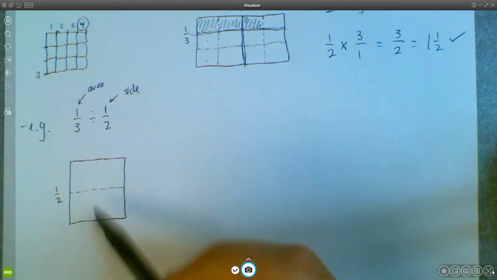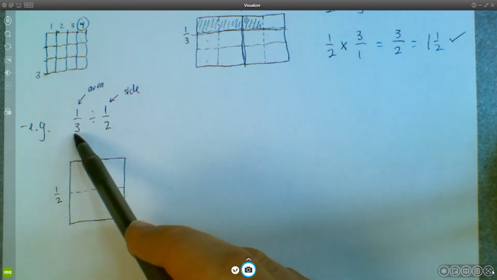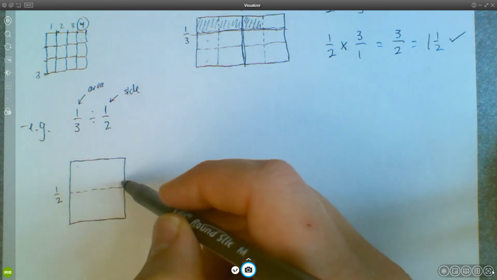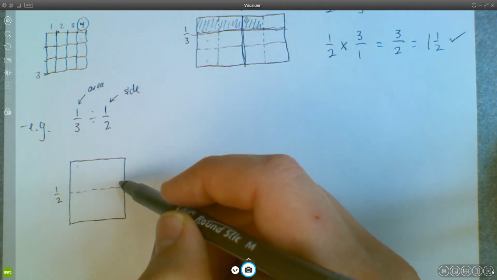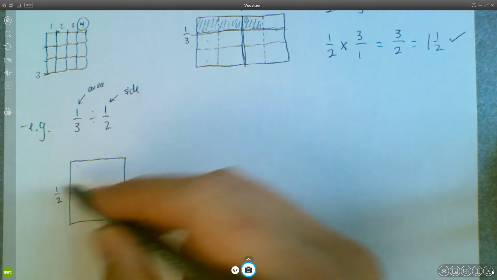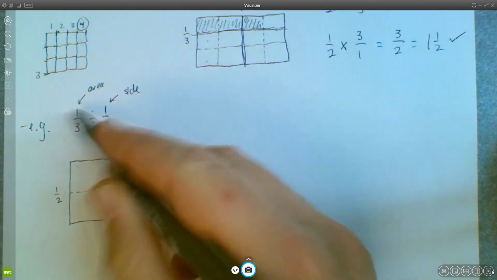And now I need to take as many halves as I need in order to make an area of 1/3 of 1 unit. Well, if I take the entire half, that's going to be too much because I only want 1/3 of the unit. So how much of this half do I need in order to make 1/3 of the unit?